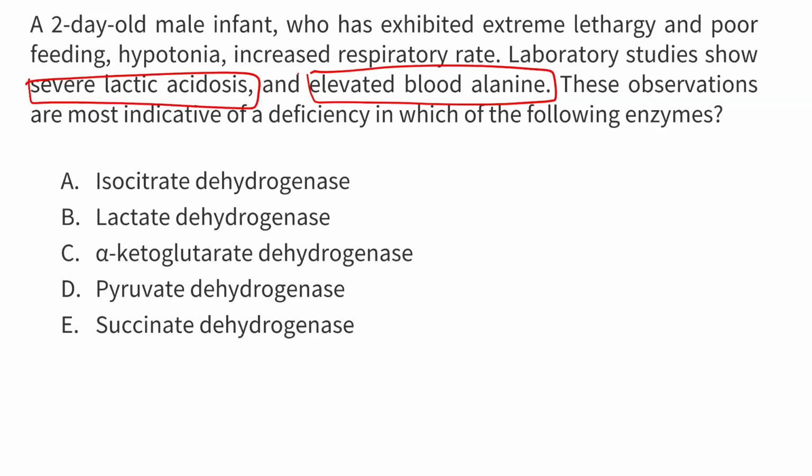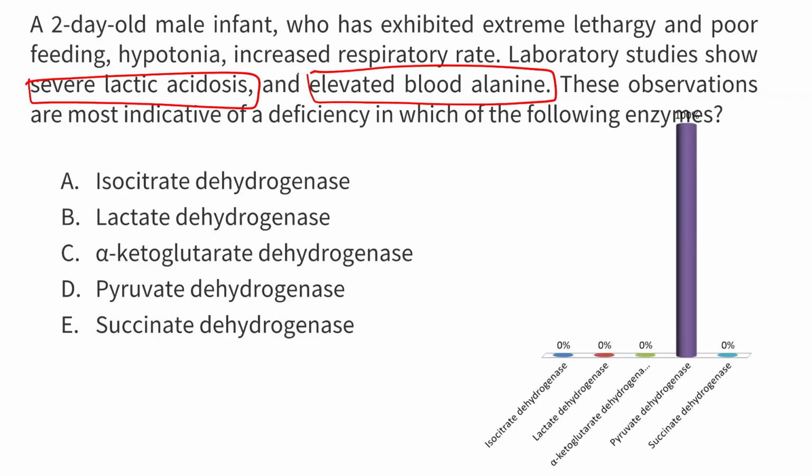So this is a case of lactic acidosis along with hyperalaninemia. So whenever you see lactic acidosis and hyperalaninemia, two enzymes should come to your mind. One is pyruvate carboxylase deficiency. Second is pyruvate dehydrogenase enzyme deficiency. So either one will make the answer. In this choice, there is only one available because you are allowed to choose only one choice, right? So you got to go for pyruvate dehydrogenase complex as your choice. Complex not written, but pyruvate dehydrogenase.